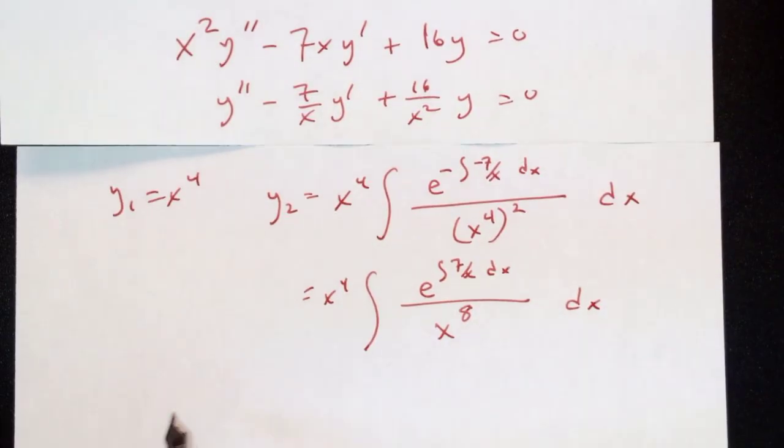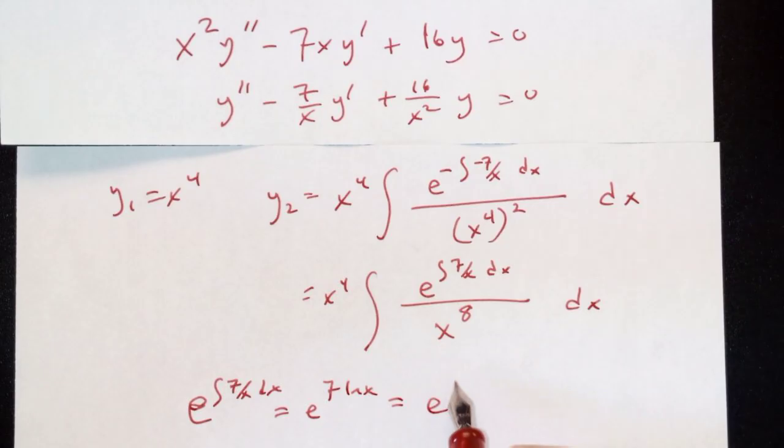Okay. So it becomes e to the, and then those e and ln cancel, and I just get x to the 7th.